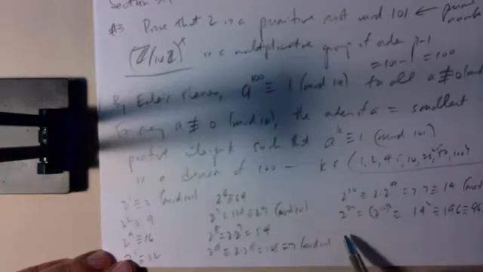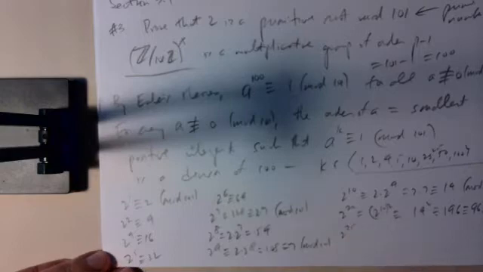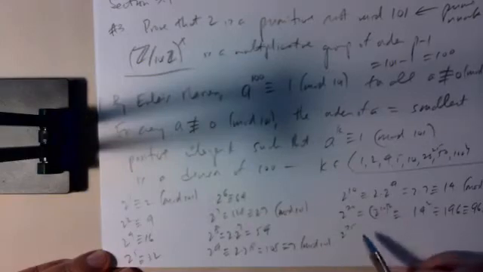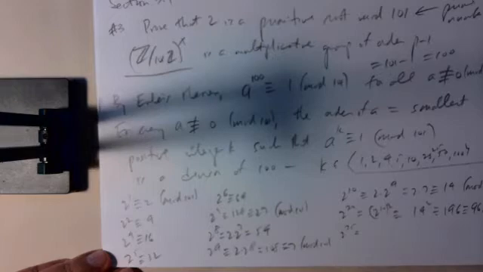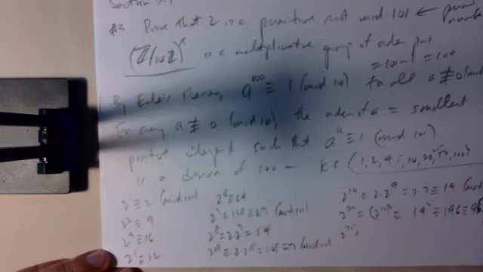Professor, 196 is not 95 mod 101. Oh, sorry, it's 95, thank you, which is minus 6 modulo 101.